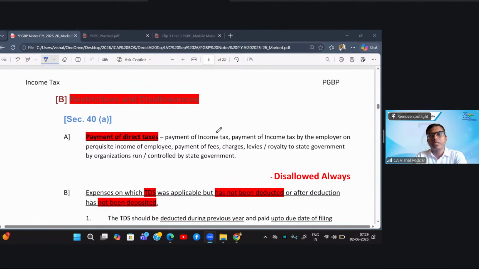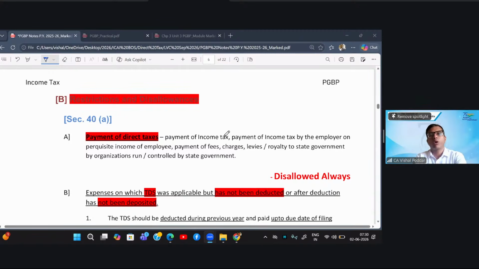Now, students, we go to the second part of debit side provisions. The first part of debit side provisions was certain conditions which you are required to satisfy. Each expense should satisfy the conditions which we studied above, which are applicable to that expense, and only then the expense can be allowed as deduction. Now we come to the B part.